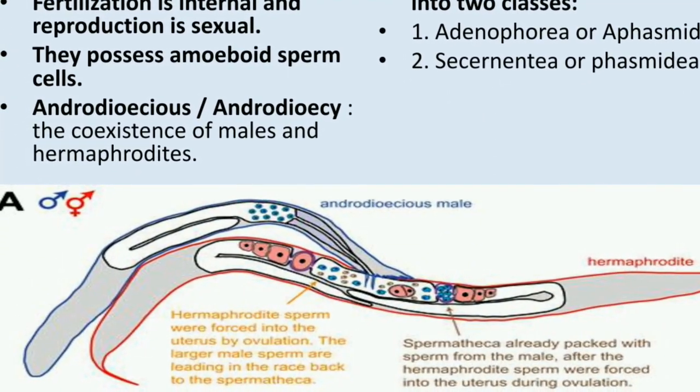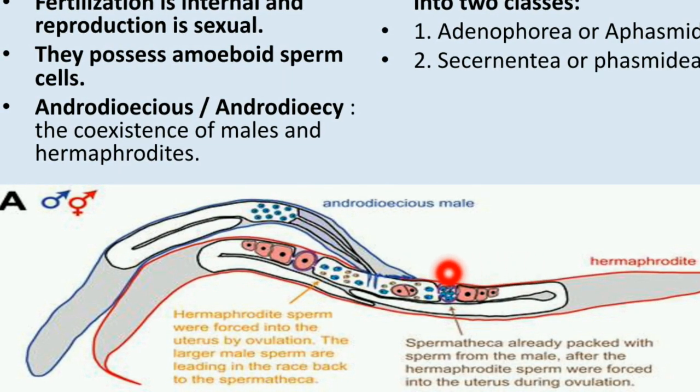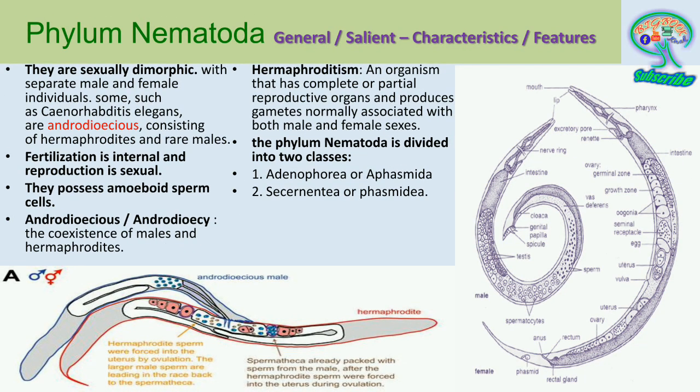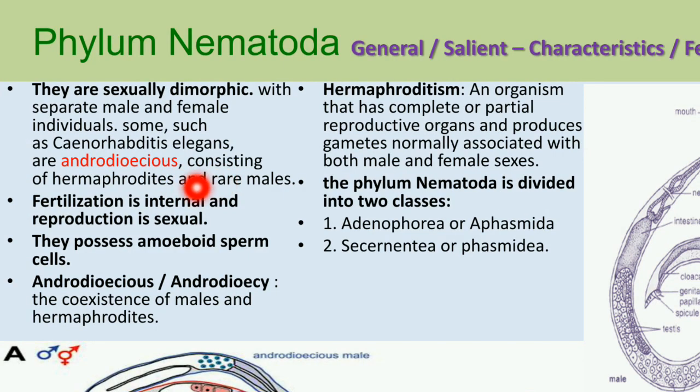But hermaphrodites will be more numerous compared to the males. The hermaphrodites are present in high numbers, but the presence of males is low. So that is what is meant by consisting of hermaphrodites and rare males.